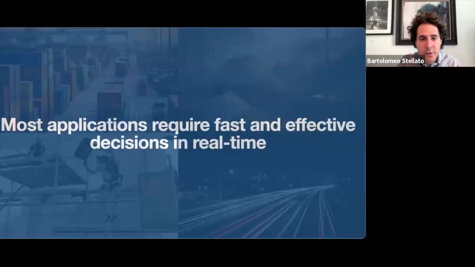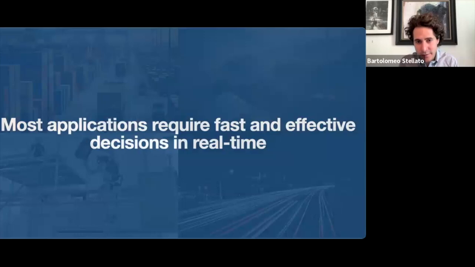So in all these situations, in order to operate the system, we need to make fast and effective decisions in real time. And optimization is a very useful tool to do that, because it allows us to plan and adjust our plans on the fly by just solving optimization problems with an accurate representation of what's going on in these applications.